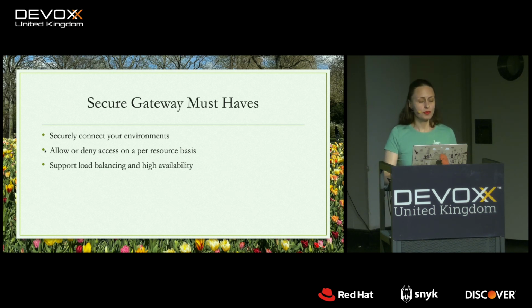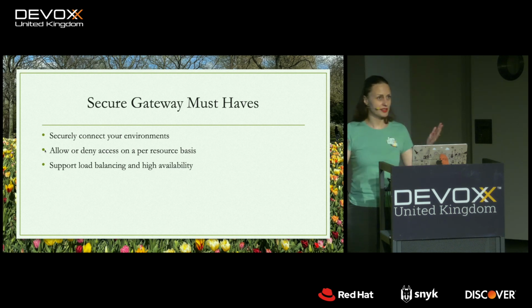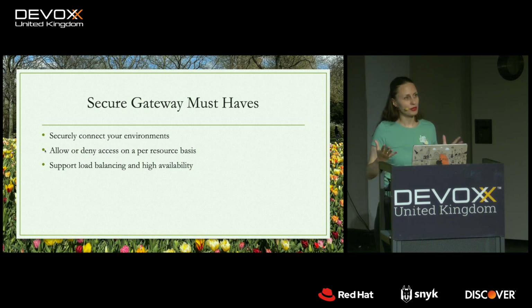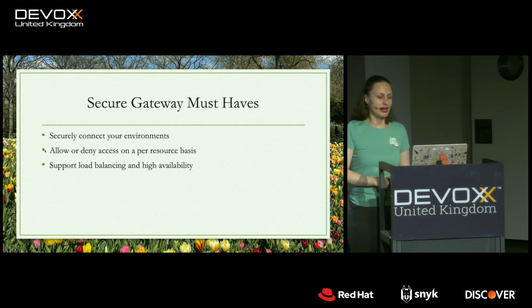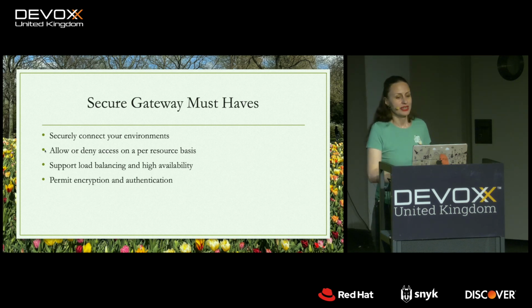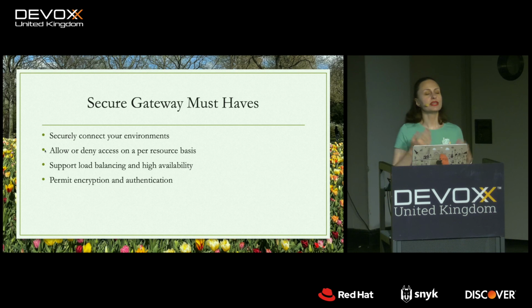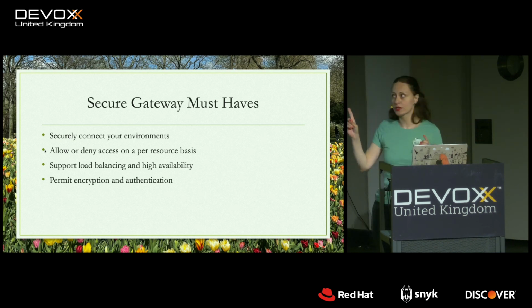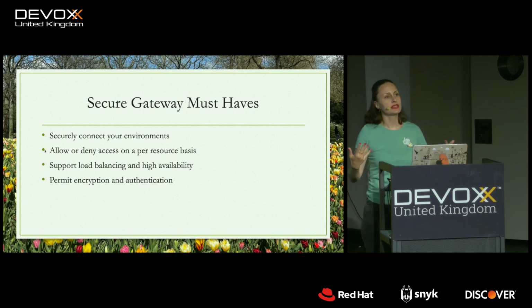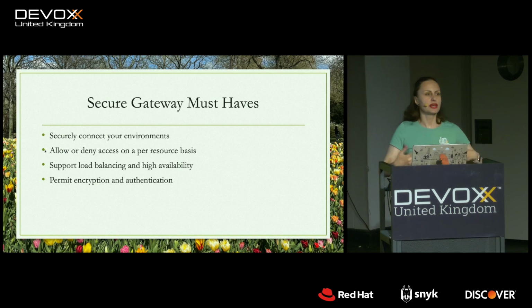Of course, it would be great for my solution in this century to be all the time available and also support the load and not have a lot of lag. And of course, we don't like when our applications go down. And of course, it should permit encryption and authentication. But moreover, for me, this means allowing an easier way to maintain encryption, authentication, working with certificates, than doing manual tasks all the time.